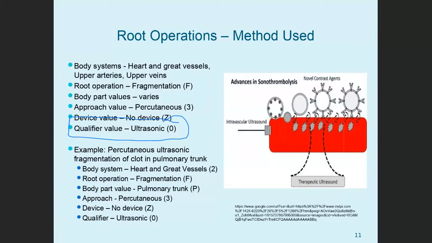For example, percutaneous fragmentation of a clot in the pulmonary trunk. So this is heart and great vessels, fragmentation, body part is pulmonary trunk, that's where it's being done. The approach is always percutaneous, the qualifier is ultrasonic. So it gives a little bit more information about what exactly happened here.